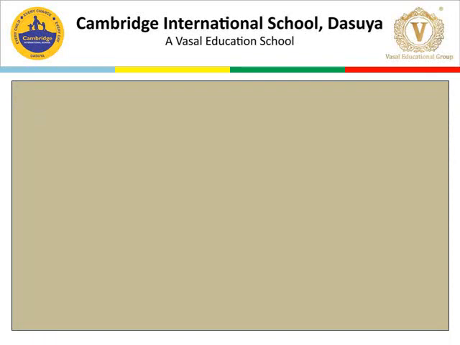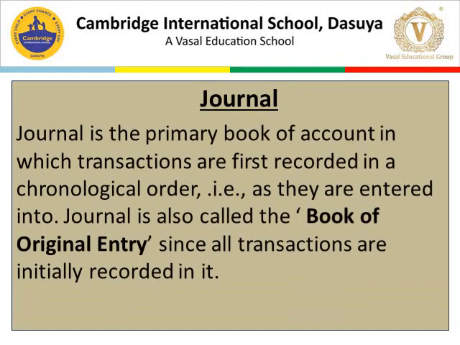Here is the meaning of journal. Journal is the primary book of account in which transactions are first recorded in a chronological order, that is, as they are entered into. Journal is also called the book of original entry, since all the transactions are initially recorded in the journal.